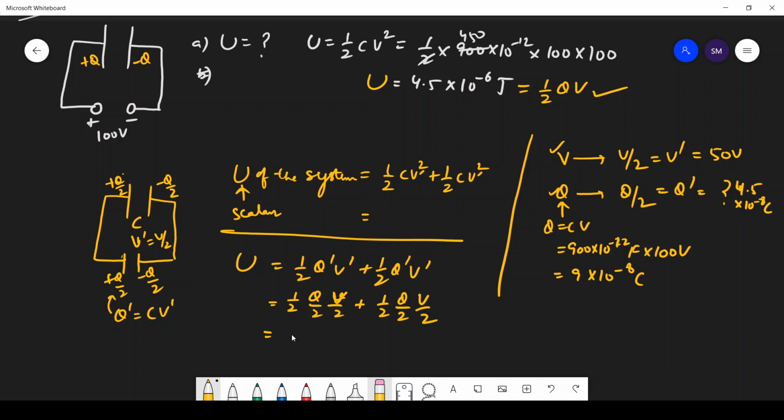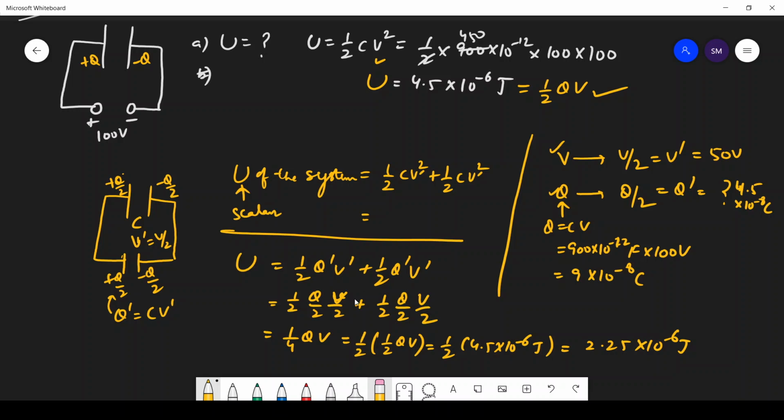And that equals, so 2 multiply this, half means this is actually 1 by 4 QV, right? And half QV is what you calculated using the other formula, so it's the same. I can write it as half into half QV. So half QV is 4.5 into 10 raised to power minus 6 joules, so that's 2.25 into 10 raised to power minus 6 joules.